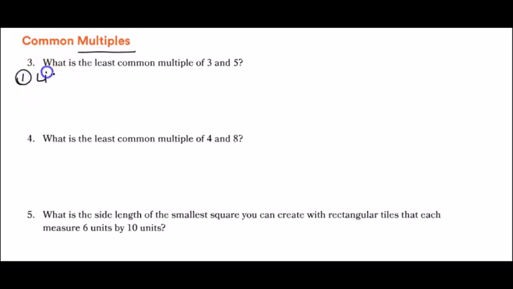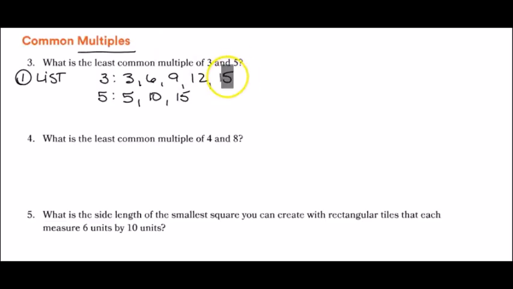One is a list. And if we make a list counting by threes, 3, 6, 9, 12, 15, ends in a 5, so I'm going to stop there because I know if a number is divisible by 5, that it ends in a 0 or a 5. So 5, 10, 15.